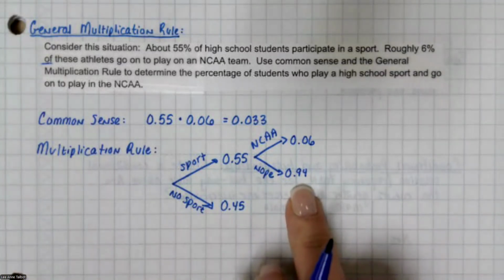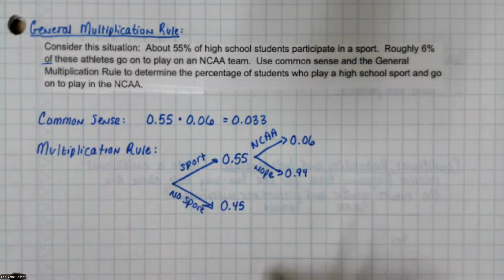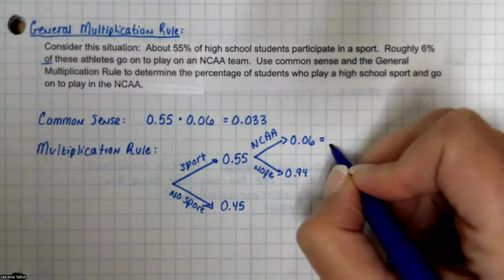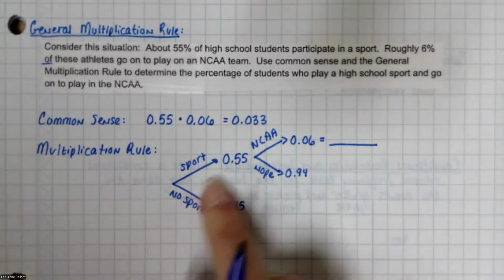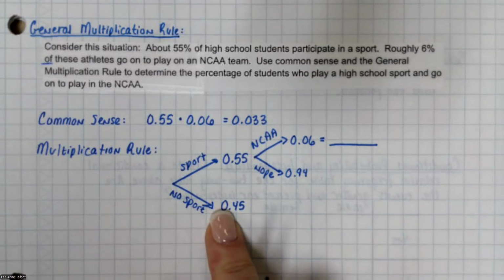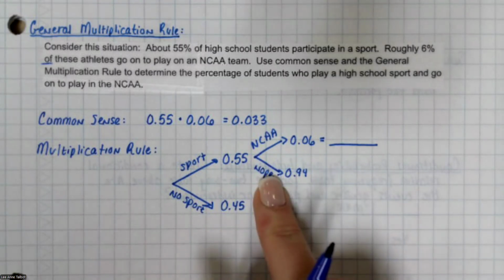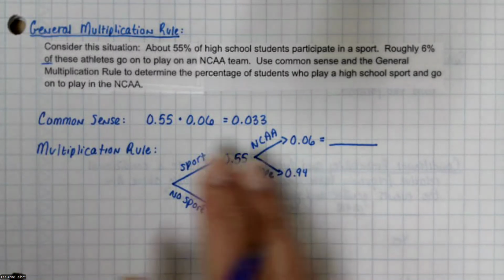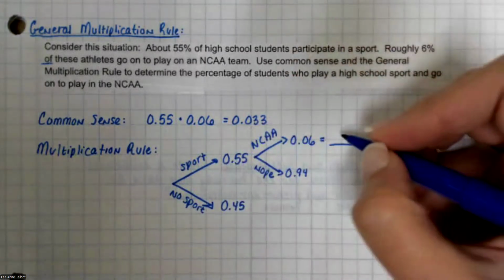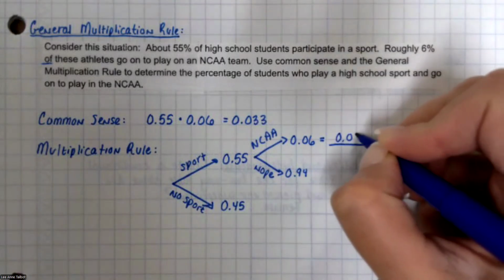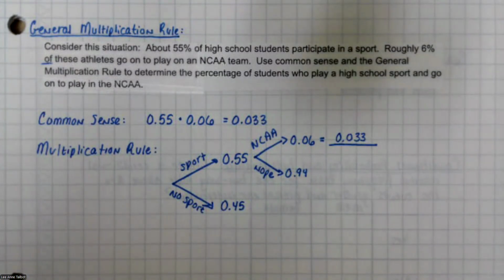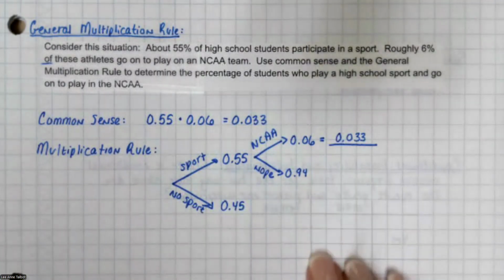And 94% of those kids will not play NCAA. I want you to see how this tree diagram goes. You have a probability for your first branches, and then your second branches are conditional probabilities based off of your first branches. You multiply down the branches, so that comes out to be the same thing.